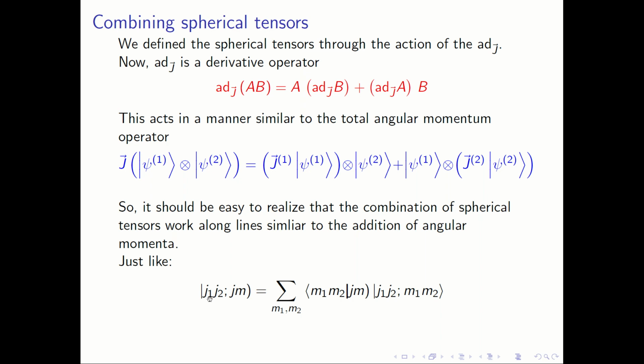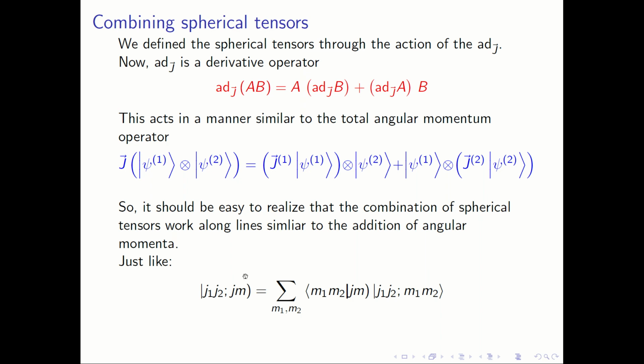So, just like you can combine j1, j2, m1, m2 states, which are eigenstates, remember, of j1 square, j2 square, j1z, j2z, to form invariant irreducible subspaces which are irreducible under rotation, which are eigenstates of total angular momentum J square and Jz, though these are of course eigenstates of j1 square, j2 square, J square and Jz.